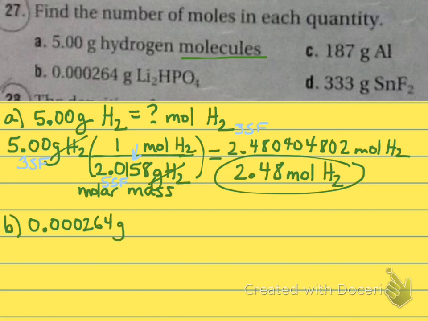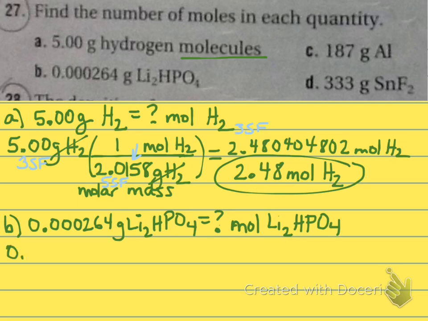Letter B, 0.000264 grams of lithium hydrogen phosphate equals how many moles of lithium hydrogen phosphate. I'm still going to use molar mass. I'm just going to write compound.